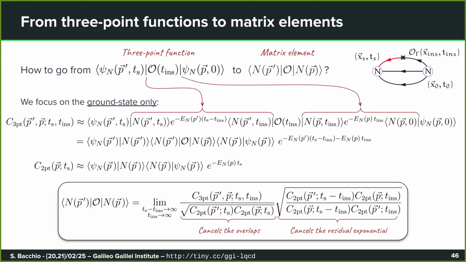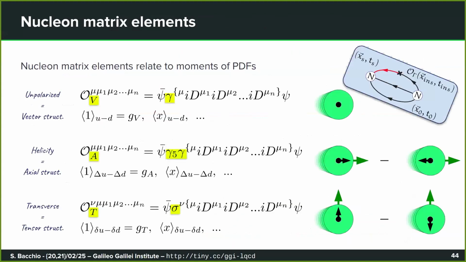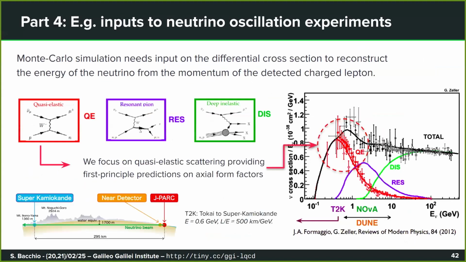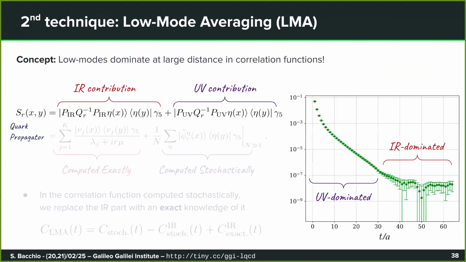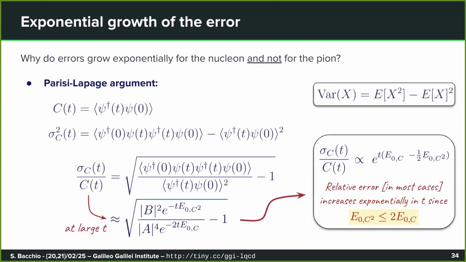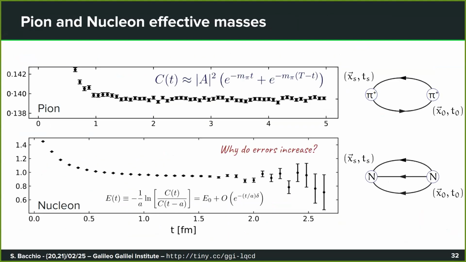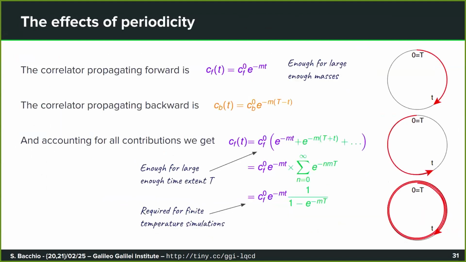Because if you do the same expansion for a two-point function, the two-point function, we saw it before, has a coefficient C0 in front times the exponential. Before, we didn't care much about what C0 was, right? We had an overlap, the amplitude here times the exponential.